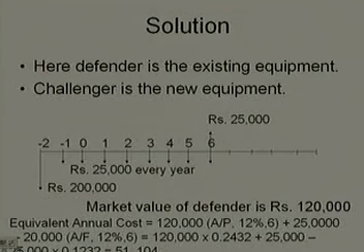Now, the current market value of this particular equipment is 120,000. That means, for a third party, as far as Defender is concerned, it is available at 120,000. In replacement analysis, you will find that sometimes suppliers tell you, okay, I will buy back this piece of equipment and supply you your new one.